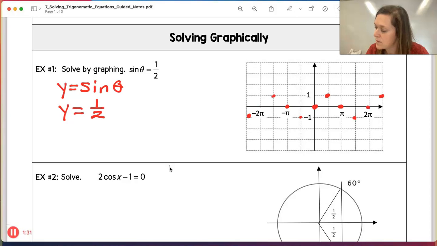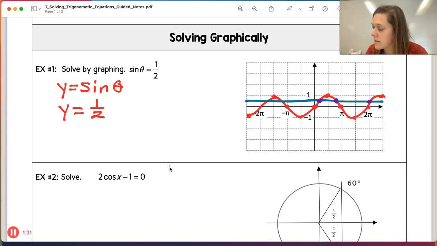So we've got this curve for my sine graph, and then the line y equals 1/2, which is a horizontal line that goes straight across at 1/2. The points where they intersect are your solutions, right?